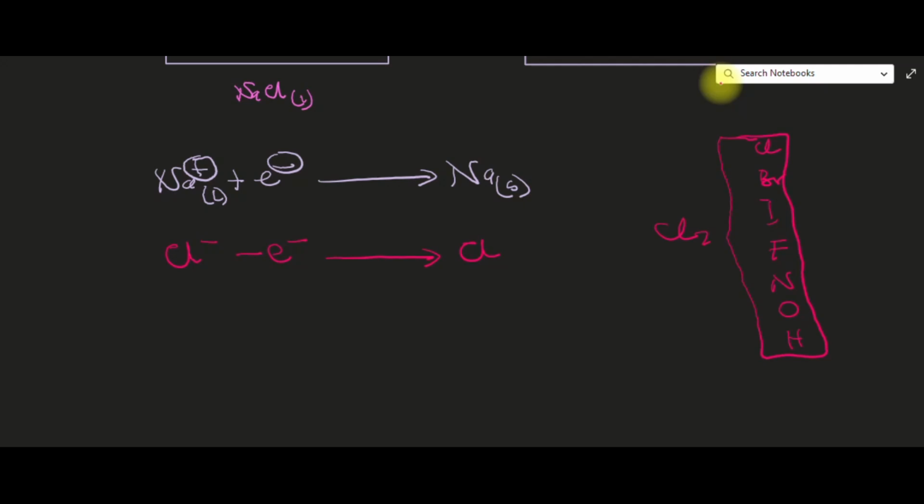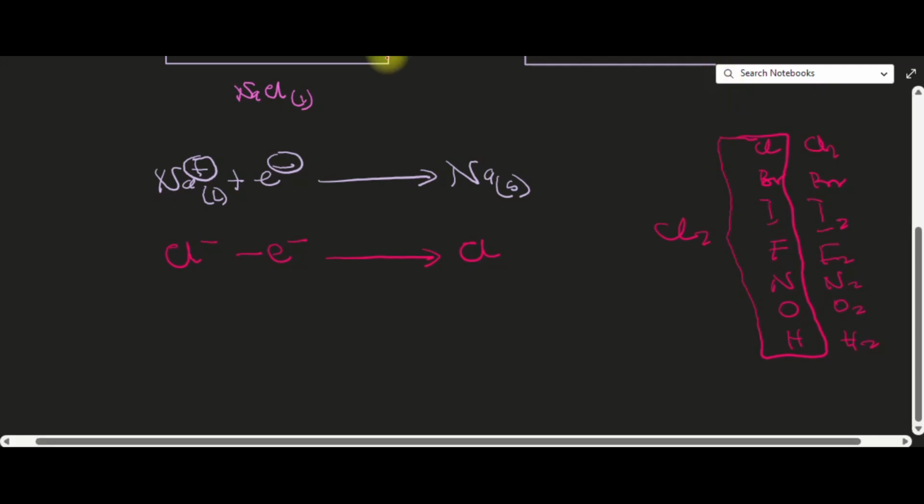So naturally, this is going to be chlorine gas Cl2, Br2, I2, F2, N2, O2, and then H2. When you want to represent them in an equation, you want to write them only. They are not in compound. You want to show them standing alone in an equation. You have to put 2 in front of the symbol to become a molecule.